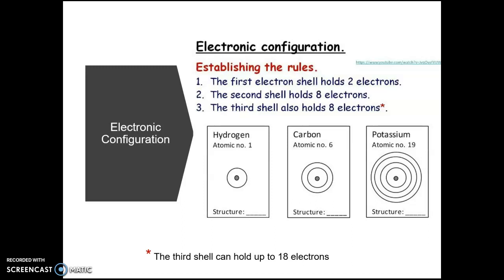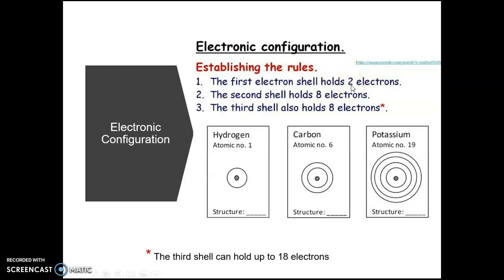So for instance, the first electron shell around the nucleus holds only 2 electrons. It cannot hold more than 2 electrons. The second shell can hold up to 8 electrons. So if you have 8 electrons, you can put them in this second shell, after of course filling the first one with 2.